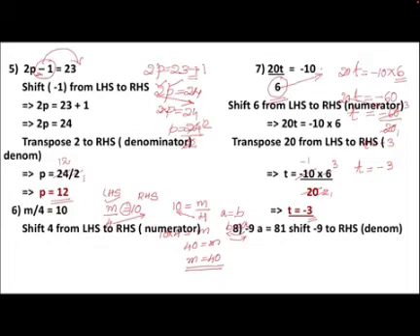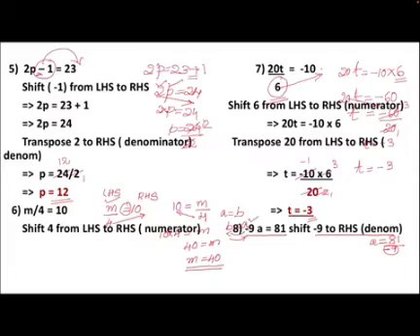Now here minus 9a equals 81. So minus 9 is shifted to RHS denominator. So a becomes, remember children, 81 by minus 9. This 9 which is multiplied here is negative. When it shifts to RHS, still it is negative because it is divided. When multiplication and division shift, the sign will not change at all.